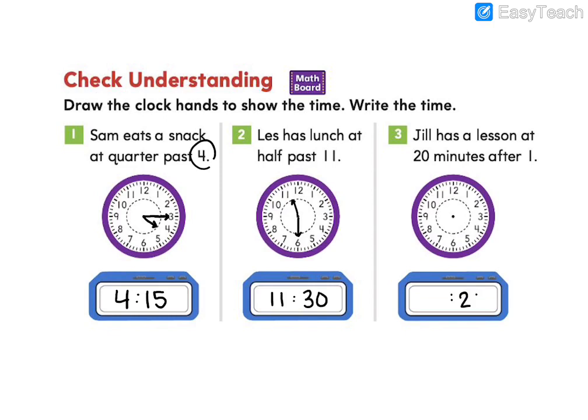And finally, Jill has a lesson 20 minutes after 1. 5, 10, 15, 20. Our minute hand points to 4. If it's 1:20, that means it's 1 on its way to being 2. So our hour hand points between 1 and 2.